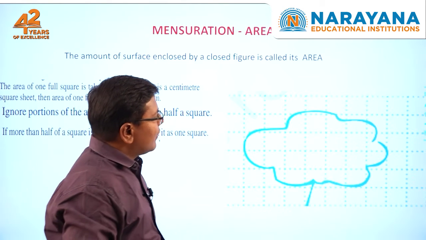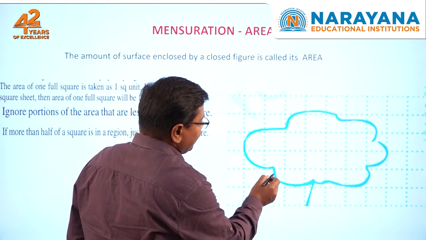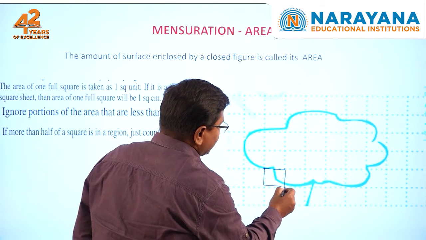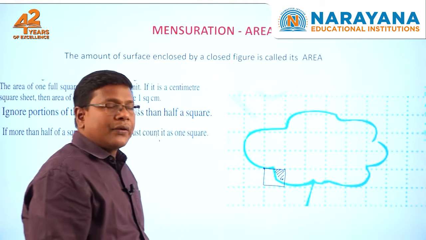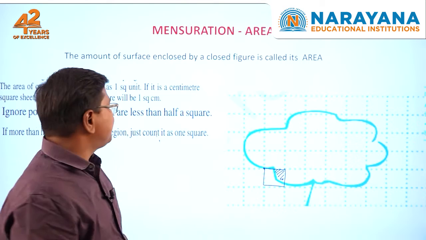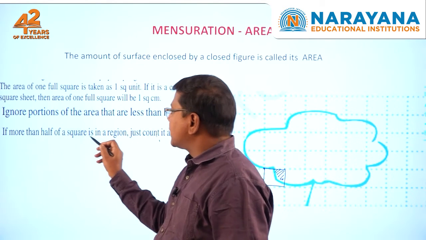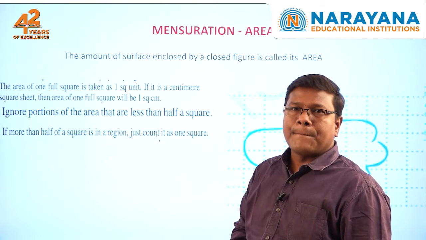For example, if you take this figure, this is the portion less than half which is inside. Therefore, that square we need to neglect. Next, the third rule says: if more than half the square is in the region, just count it as 1 square unit.